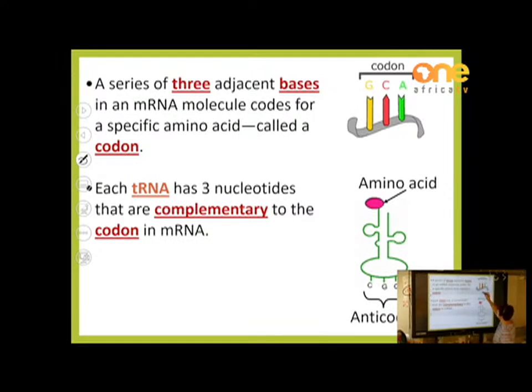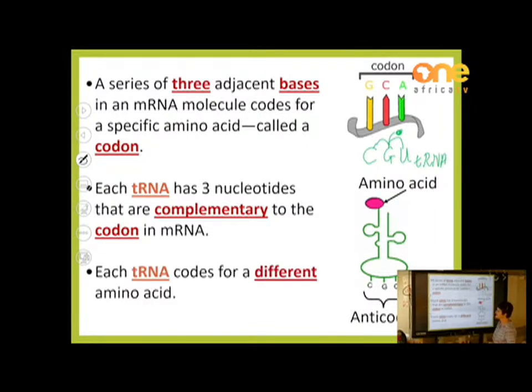G will have a C, C will have a G, A will have a U, and this will all be attaching to a specific amino acid on the tRNA. Right. So each tRNA codes for a different amino acid.